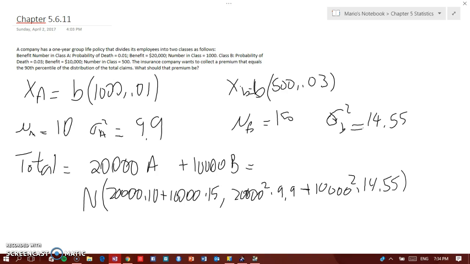And that would be equal, so the mean will be equal to 35E4, and the variance would be 5.5E9.